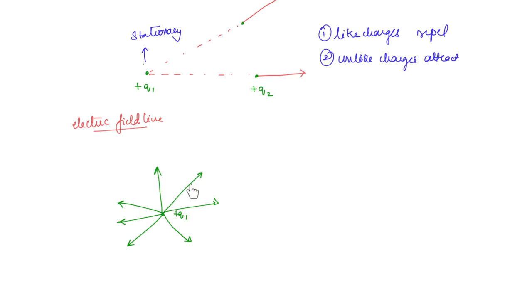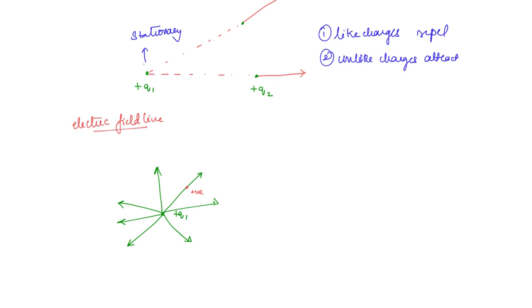Whenever you keep a positive charge on any of the lines, that line will give you the direction of force. For example, if you keep a positive charge on this line, remember, then the direction of force is in the direction of the field line. Similarly, if you keep it here, then the direction is going to be like this, as simple as that.